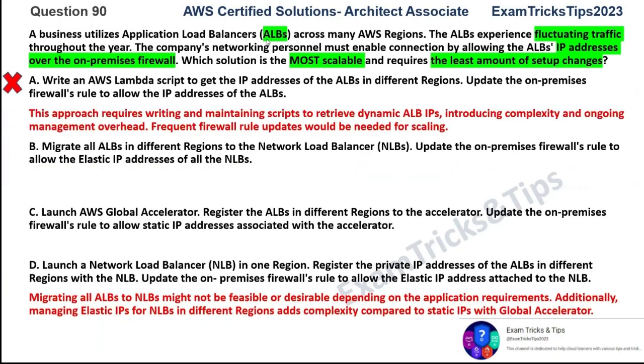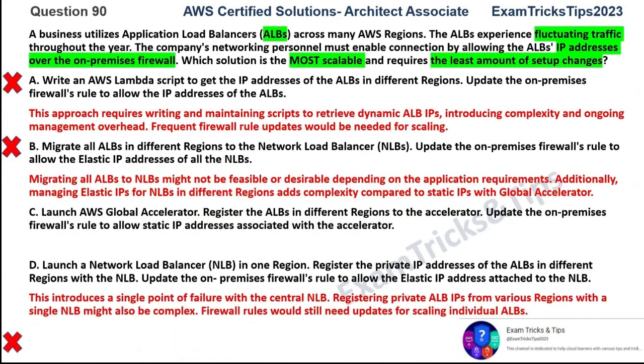Option C says let's launch AWS Global Accelerator, register the ALBs in different regions to the accelerator, and update the on-premises firewall rules to allow the static IP addresses associated with the accelerator. Now, AWS Global Accelerator is the way to go in this particular scenario, and let's see why.